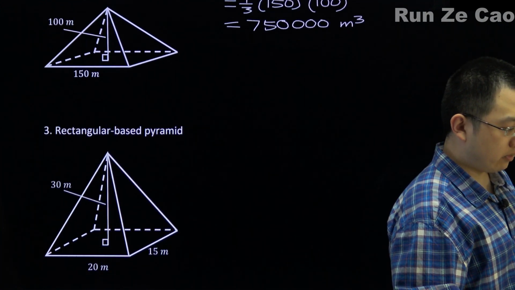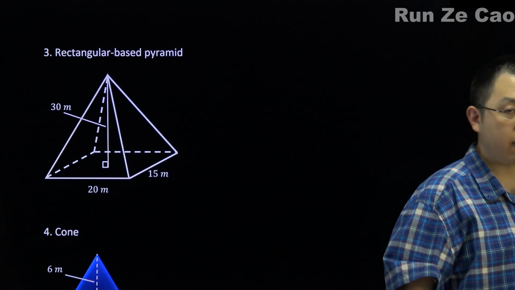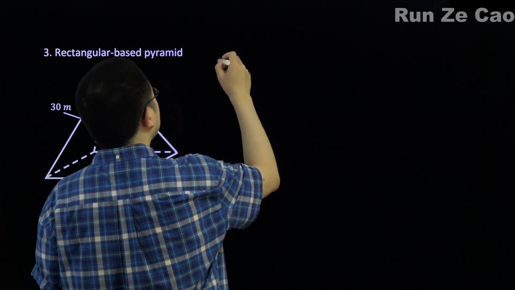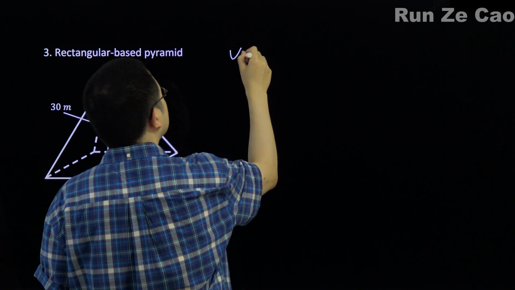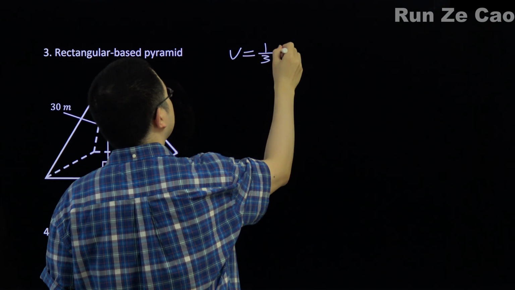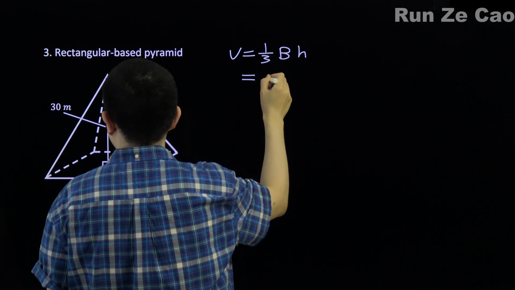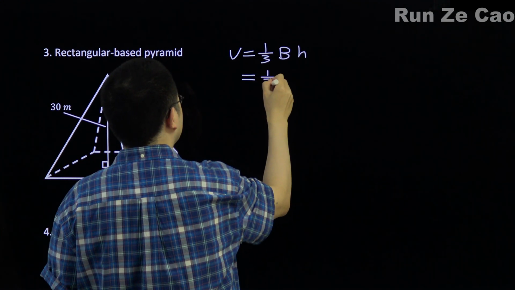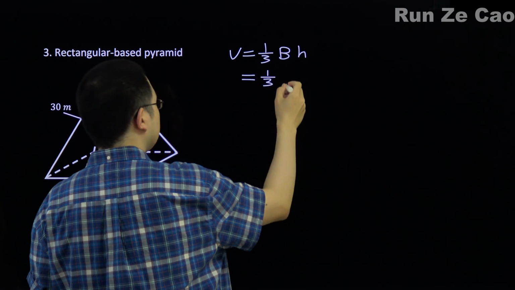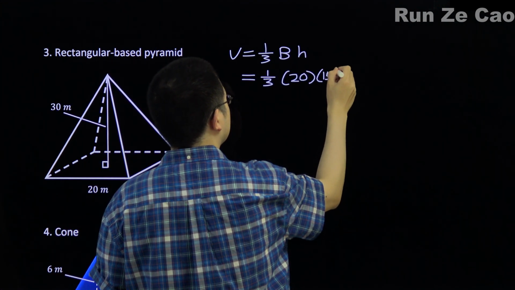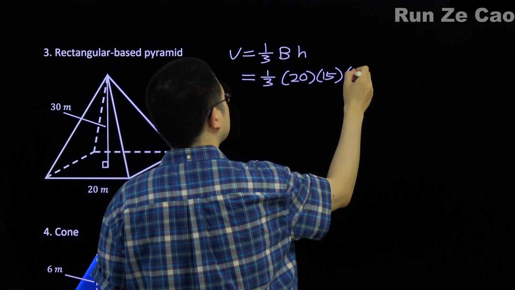Let's say we have a rectangular base instead of a square one. What happens? Well, we have volume is equal to 1/3 of base area times height. So that's 1/3 of 20 by 15 by height.